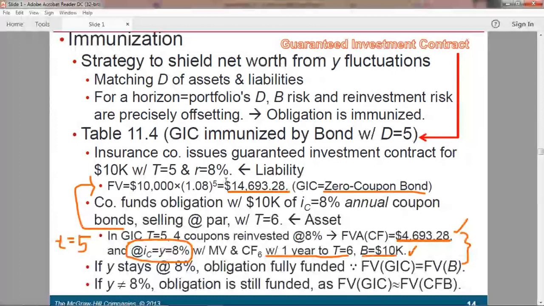So let's take a look at this example. It's a strategy to shield net worth from interest rate fluctuations. Yes, because you may never know, over 5 years, if interest rate fluctuates, right?